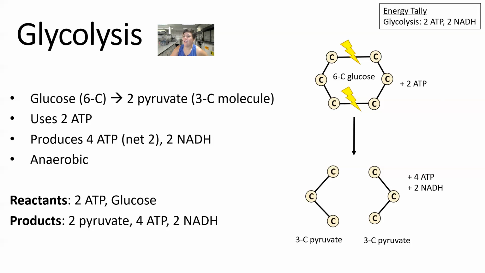Another thing that happens during glycolysis is that when these bonds are broken, we're not going to go into the individual steps here, but when these bonds are broken, a couple other things happen. You actually get the release of some phosphates and a lot of energy.